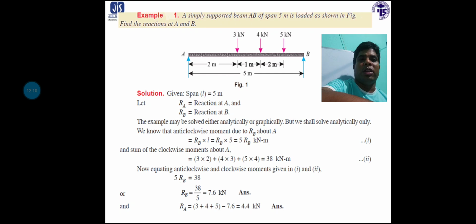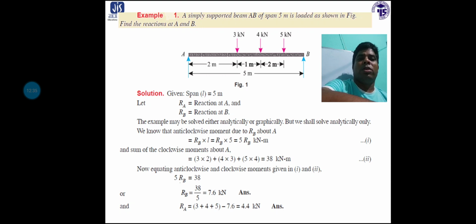The solved problem can be done by either the analytical method or the graphical method. The anticlockwise moment due to RB about A is RB into L, that means RB into 5, which is 5 RB kilonewton meter.